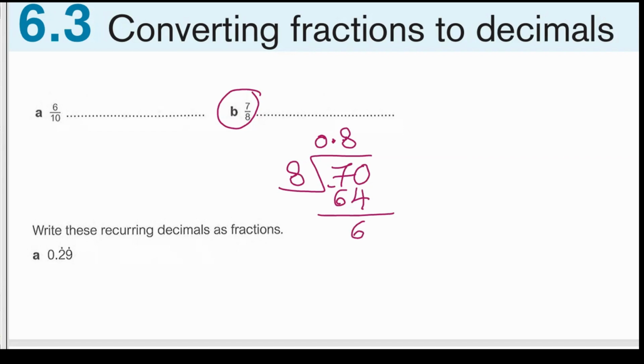And a decimal point allows you a 0 in each single step. So 60 divided by 8, the closest thing is 56. 56 divided by 8 is 7. And then you have a 4, add a 0 for the decimal point. 40 divided by 8 is 5. Now 6 over 10, 10 is already counting how many decimals. If I have 1 0, it means 1 decimal, so it will simply be 0.6.